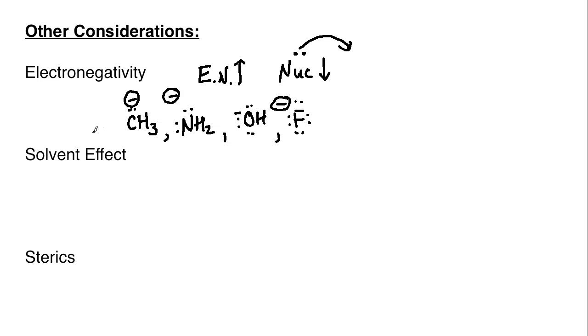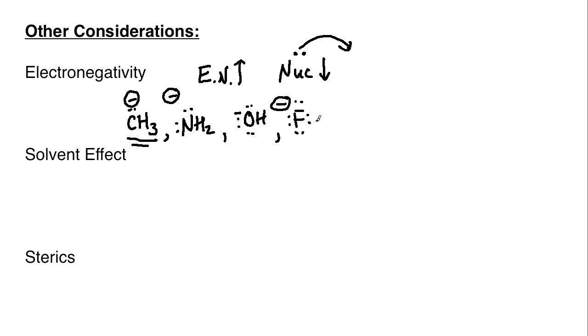So when I look at these, I would consider the methyl anion to be the strongest nucleophile, right? It's the most willing to donate this set of electrons and get involved in a covalent bond. Then the amine, then the hydroxide, and then finally the fluorine would be the least of the bunch.